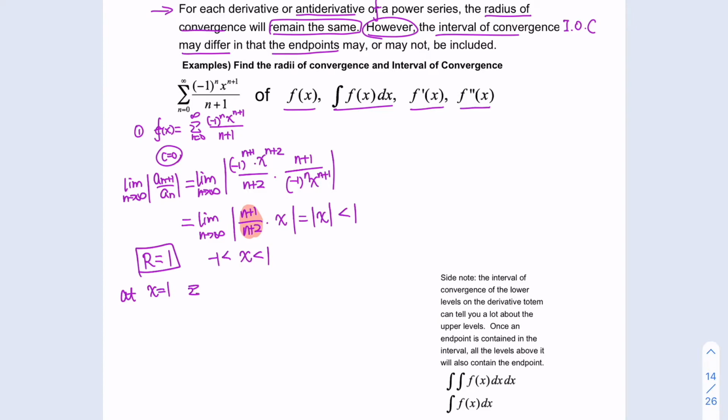We plug in x equals 1: negative 1 to the n, 1 to the n plus 1, which is 1. So this is negative 1 to the n over n plus 1, an alternating series. So this one converges. And at x equals negative 1, we plug it in.